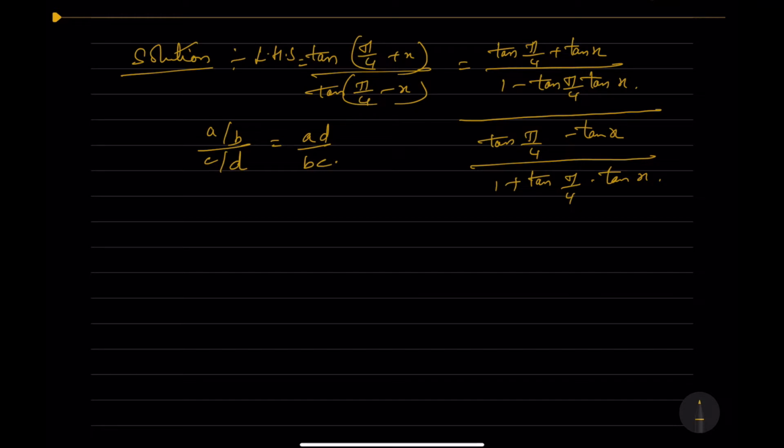So which is equal to, you can write tan π/4, you have to write the value of each and every term. tan π/4 is nothing but tan 45. So you'll be getting it as equal to (1 + tan x) / (1 − tan x).